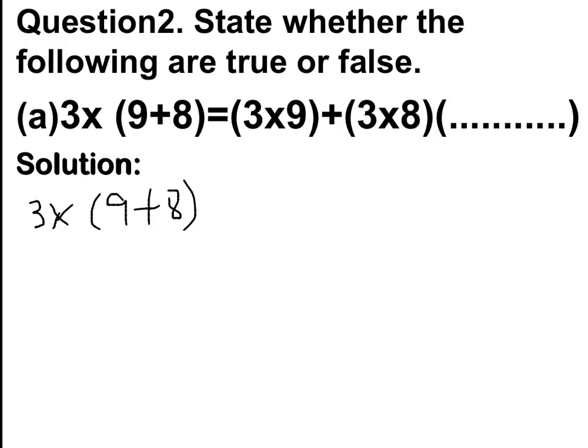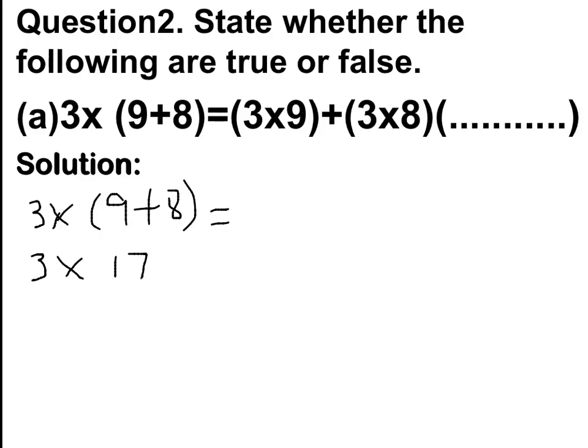First we will solve the bracket. 9 plus 8 is equal to 17. Now we will multiply it by 3, 3 multiplied by 17.